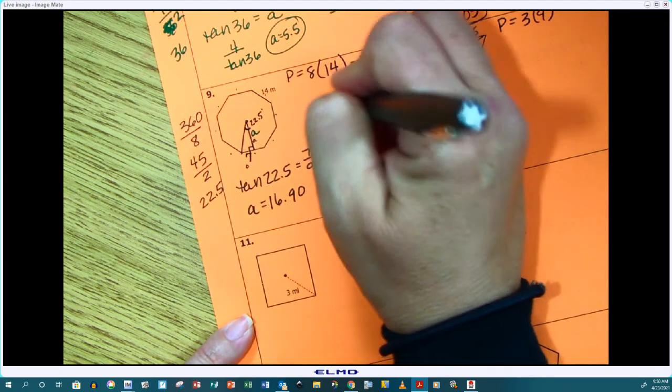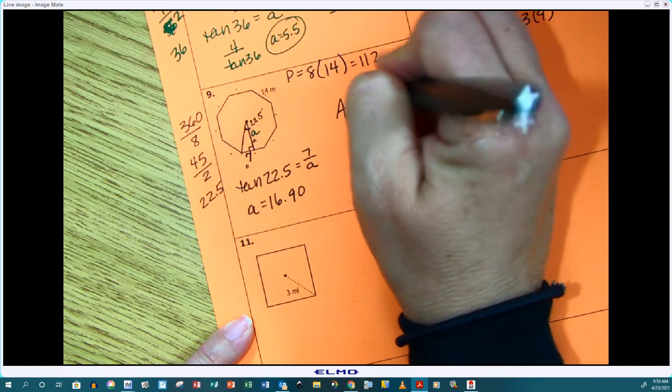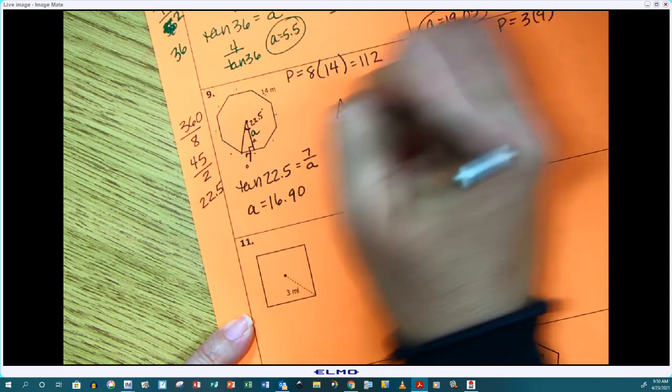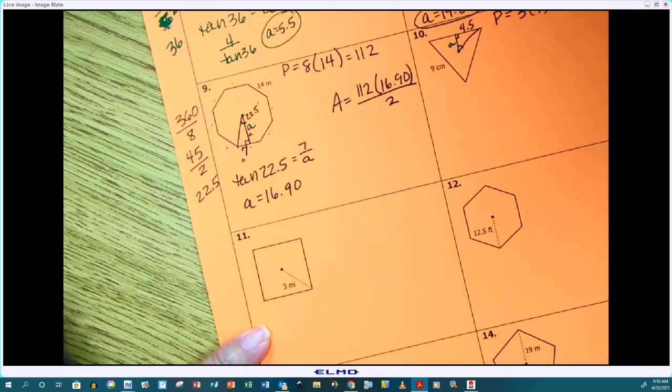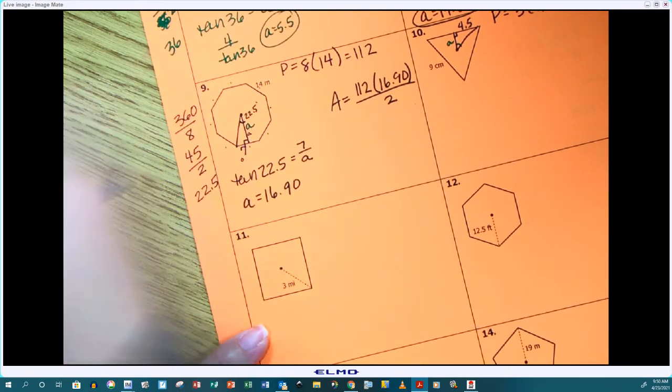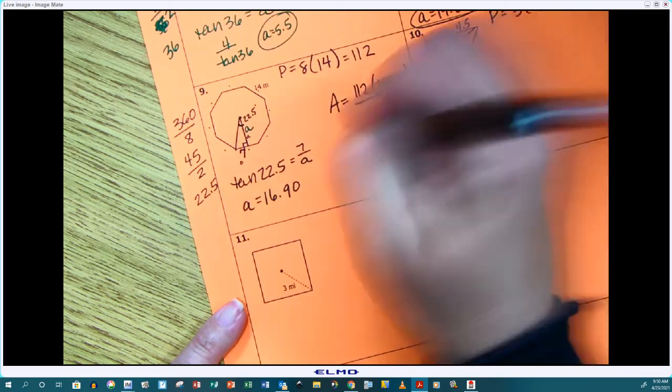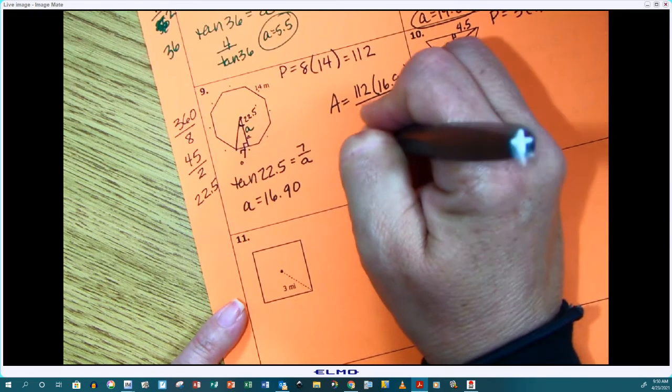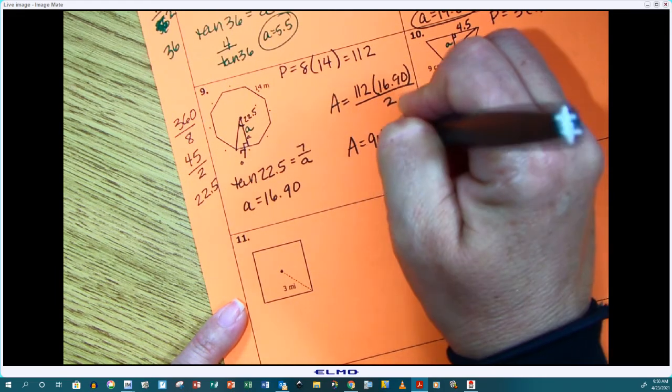So area, perimeter times apothem divided by 2. So 946.4. And that is meters squared.